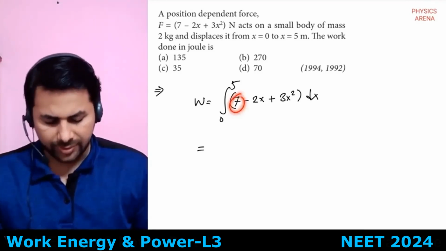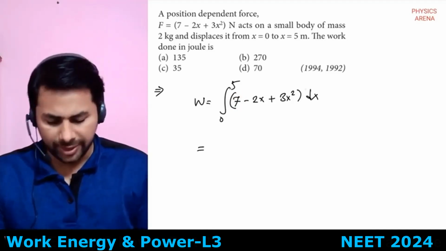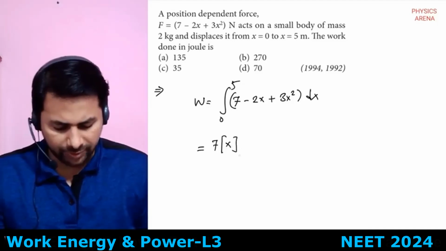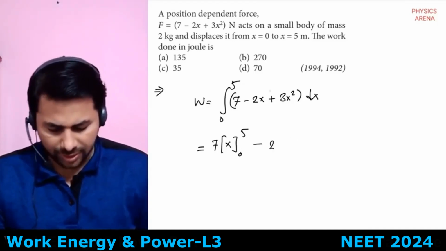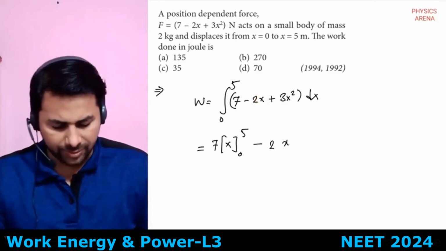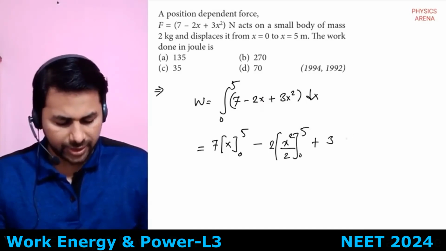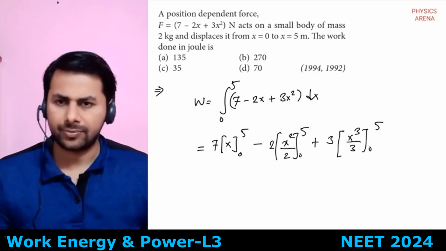So the integral of 7 is what? 7 we can take outside, the integral of dx is just x. So 7x from 0 to 5, minus you have 2 times the integral of x, which is x square by 2, from 0 to 5, plus you take 3 outside, it is x cube by 3 from 0 to 5.